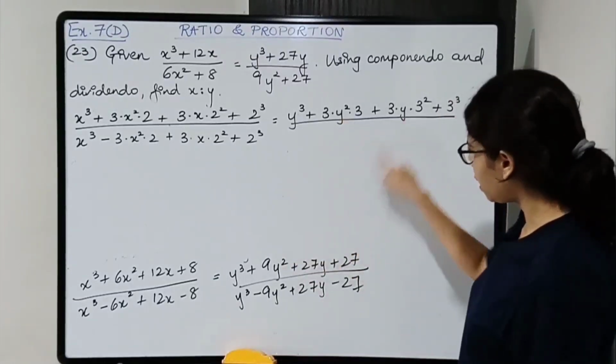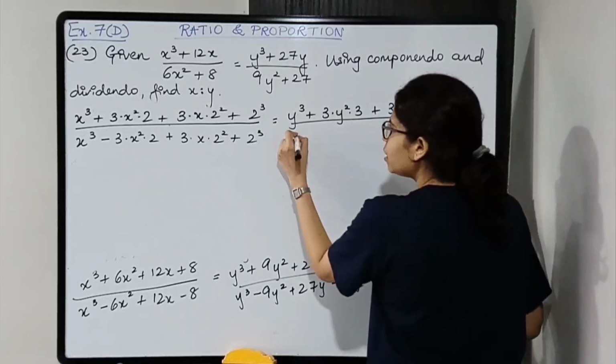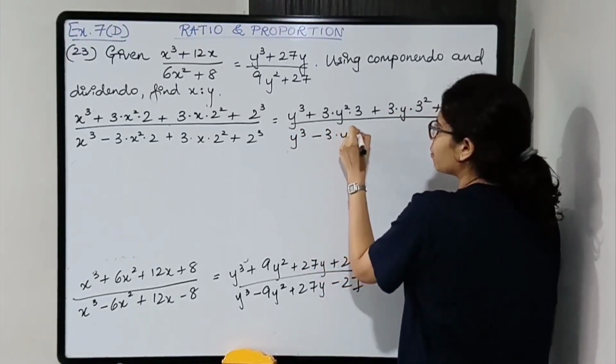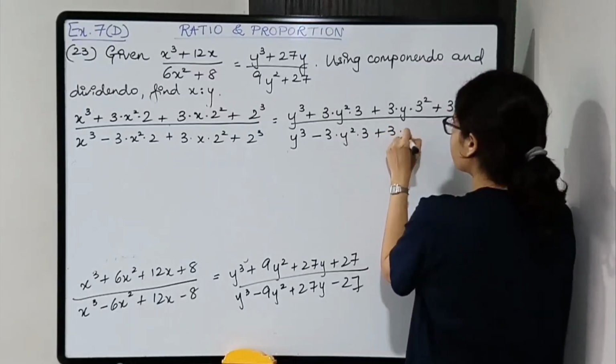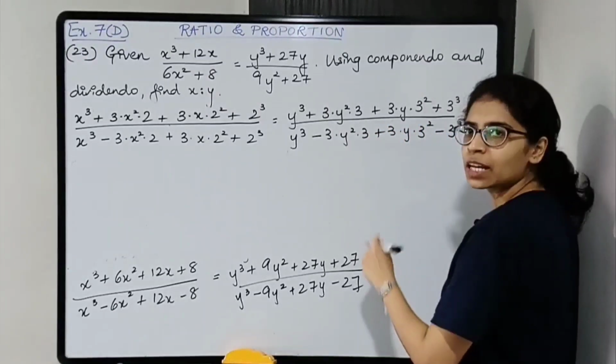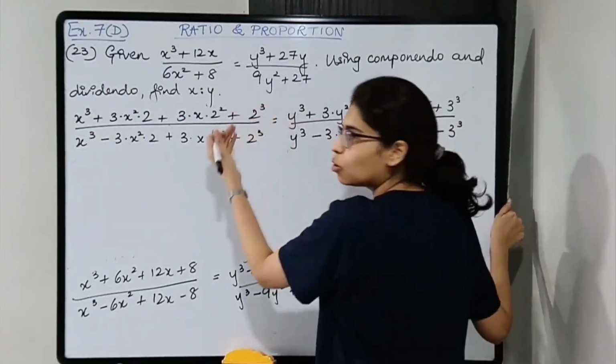Every term I have split and expressed in identity form. Same thing denominator में signs will be opposite, positive, negative, positive, negative. हो गया. Now you can write it as a plus b the whole cube.